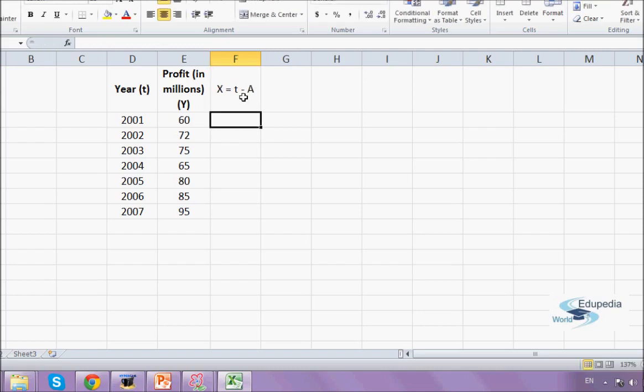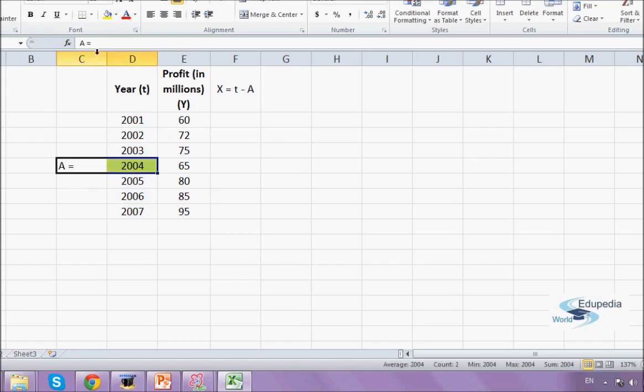We will have to select the value of a, and if you remember, I told you the sum of x should be equal to 0. To make this equal to 0, we will have to pick exactly the one in the middle, and since here we have an odd number, 7, of data, we can directly pick our middle value, which is 2004, and that's going to be our value of the origin a.